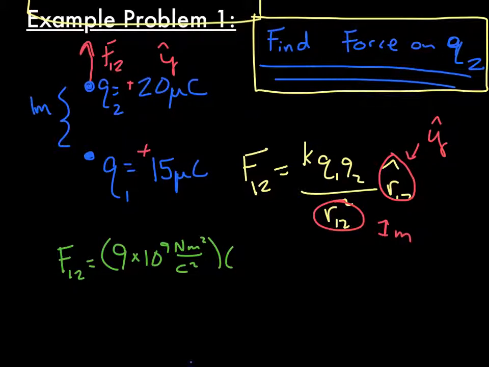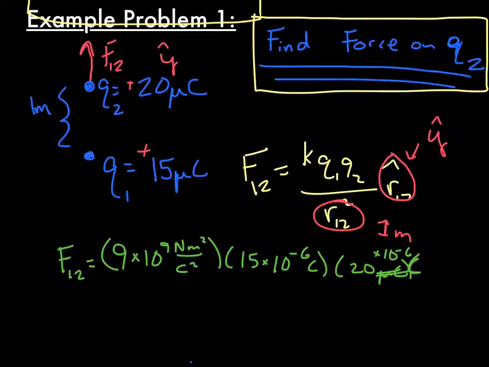Times charge 1, that's 15 times 10 to the minus 6, since micro is 10 to the minus 6. Always convert to regular coulombs. It makes the math a whole lot easier, and it makes your constants work. Q2 is 20 microcoulombs, which is 20 times 10 to the minus 6 coulombs.